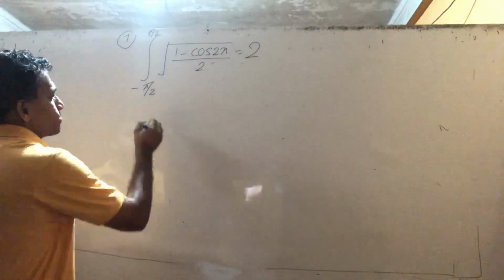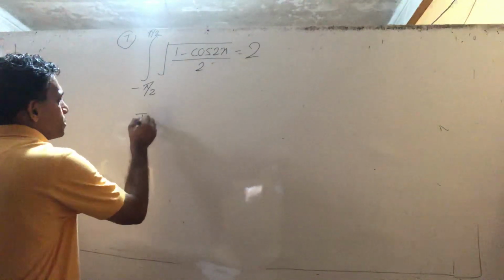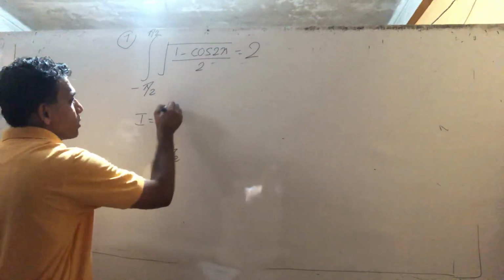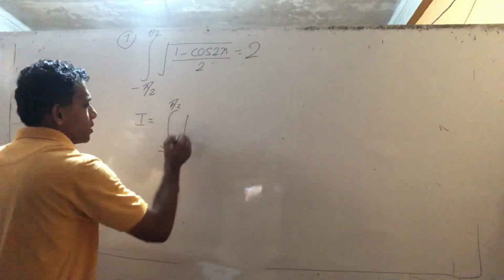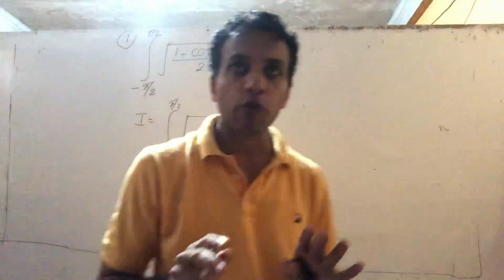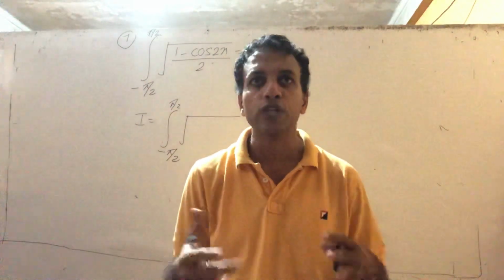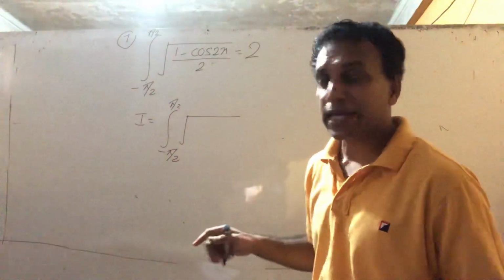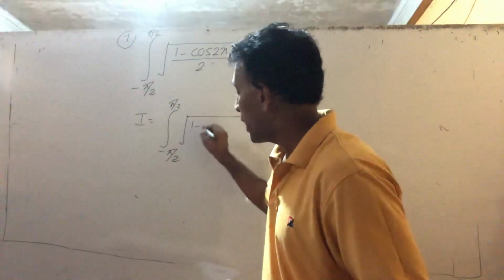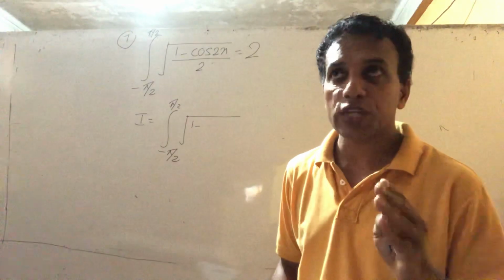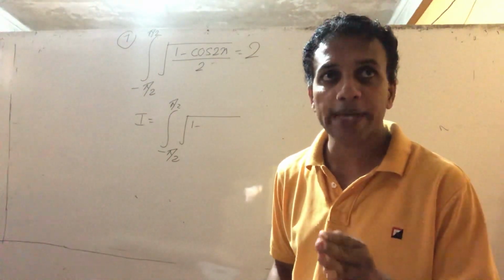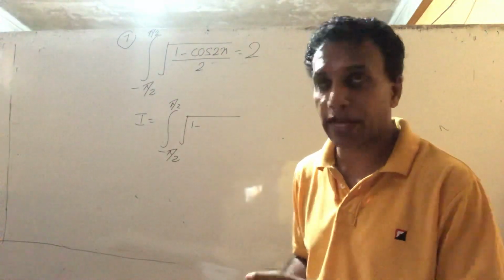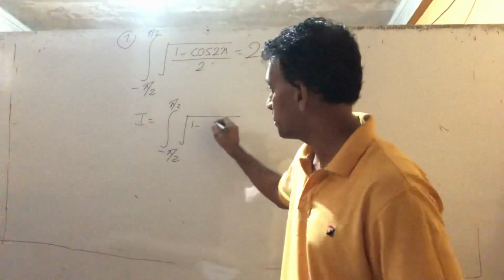So how? I take I equal to the integral from minus pi by 2 to plus pi by 2. Wherever square root problems are available, try to remove the square root, eliminate the square root symbol. Therefore in this case, use the double angle formula. What is cos 2x? 2 cos square x minus 1, otherwise 1 minus 2 sine square x. That is better here to remove the 1 also.